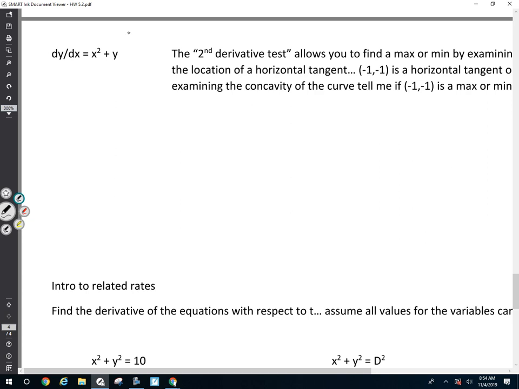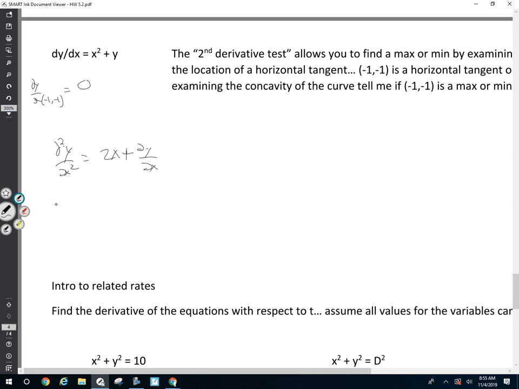Okay, so we're given some curve, and we're told that (-1, -1) is going to be a horizontal tangent. I can see if I plugged in (-1, -1), I'd get 0. So yeah, horizontal tangent. Now watch this. If I take the derivative of this to get d squared y over dx squared, I get 2x plus dy/dx.